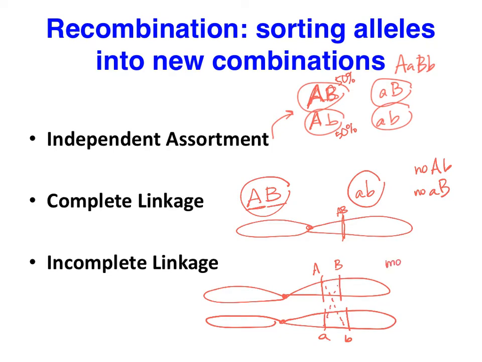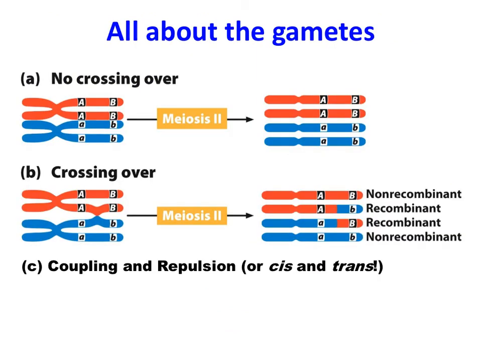So we're going to end up with more big A, big B gametes, more little a, little b gametes, and then few where this recombination event will take place. And we end up having big A with little b gametes, and also few of the little a, big B gametes produced by recombination.